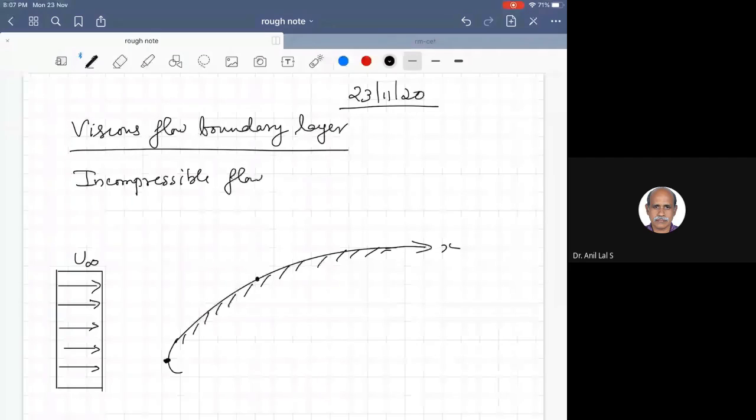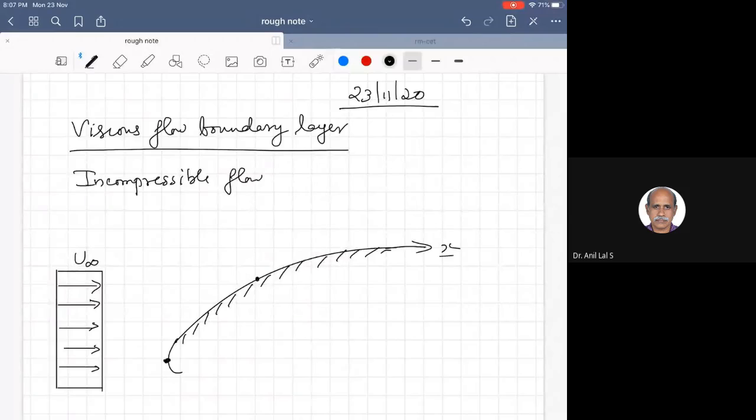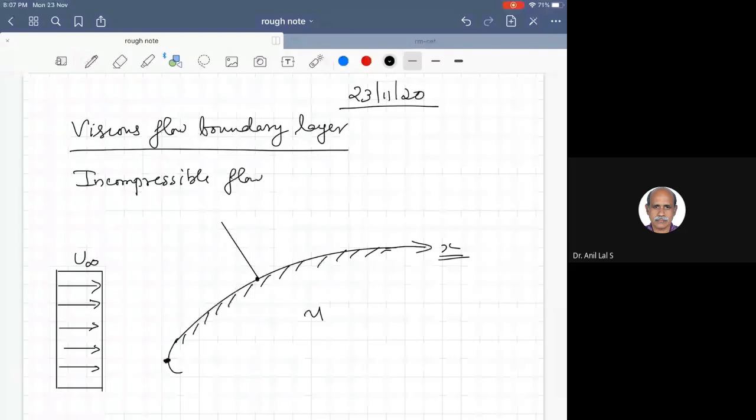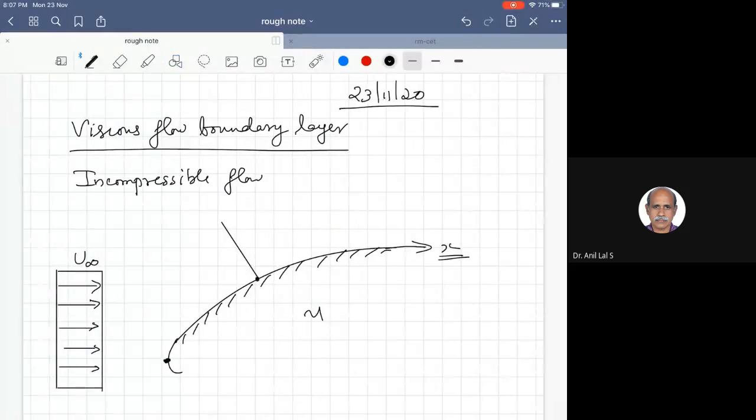So let us consider the fluid velocity tangential to the body surface, in the direction of x, denoted by small u, and the small u will be varying normal to the body surface. This is the direction normal to the body surface, that is denoted as y, and the velocity would be varying like this.